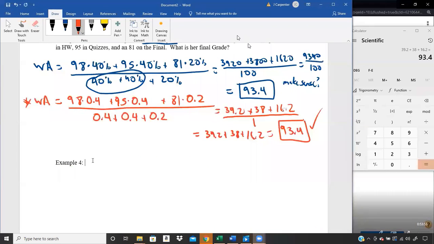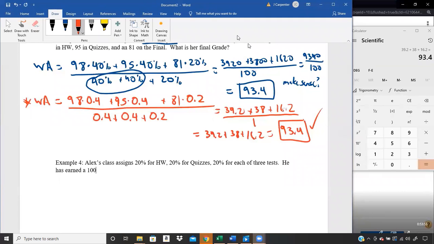Let's go back to Bob. I'm sorry, not Bob. We got a third student here, Alex. Not that you care. Alex's class assigns 20% for homework, 20% for quizzes, 20% for each of 3 tests.